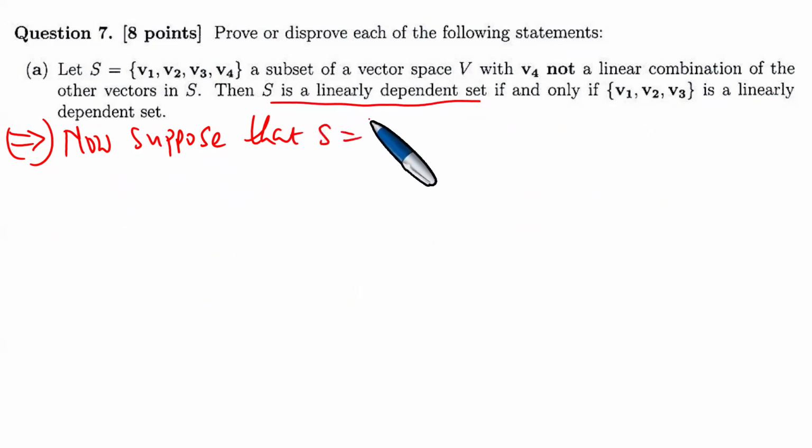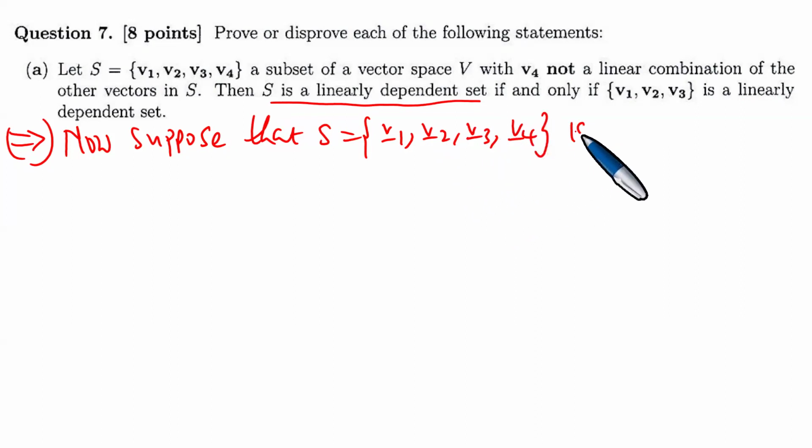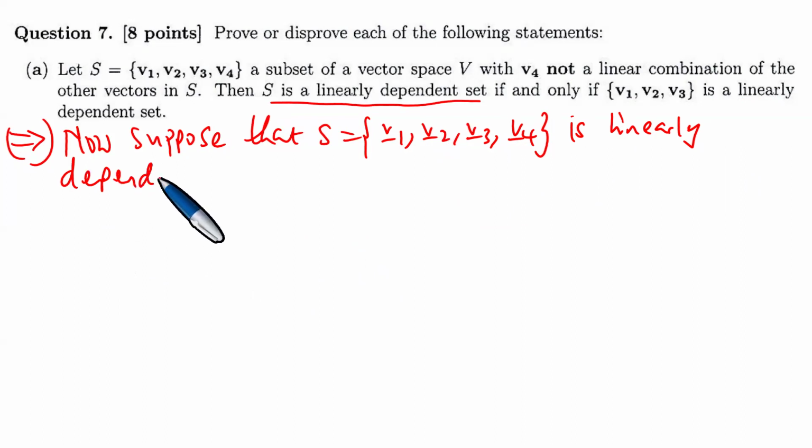Suppose that S with the vectors V1, V2, V3, V4, right, is linearly dependent. Is linearly dependent. Now you suppose that S equals this is linearly dependent.